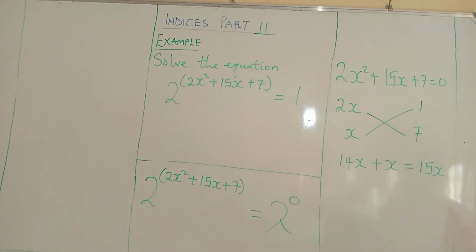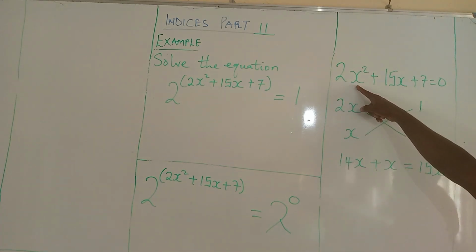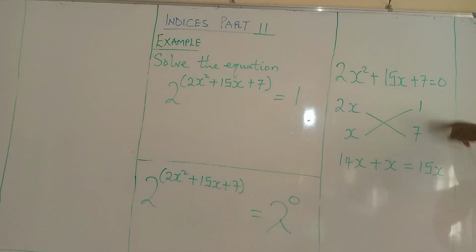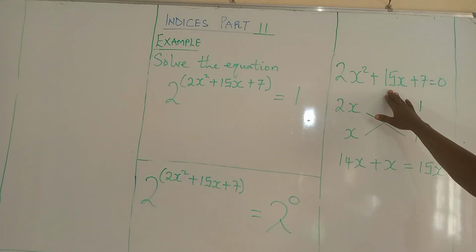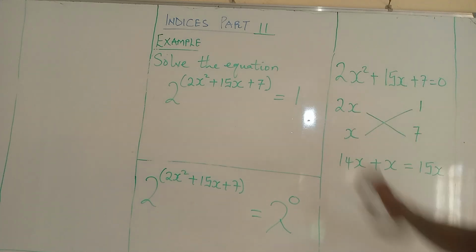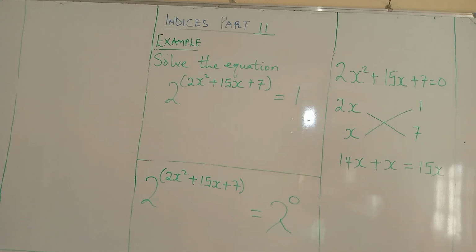So let me go through that approach again. Think of two numbers that when you multiply, you have what is here. They must be such that when you cross multiply and add, it will give you the middle term. Once that is achieved, put these factors in bracket and that will be the factor of that expression.